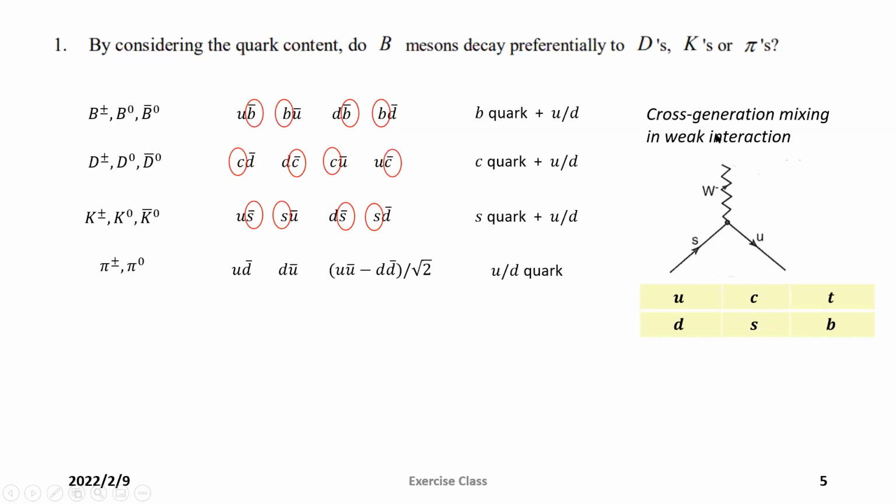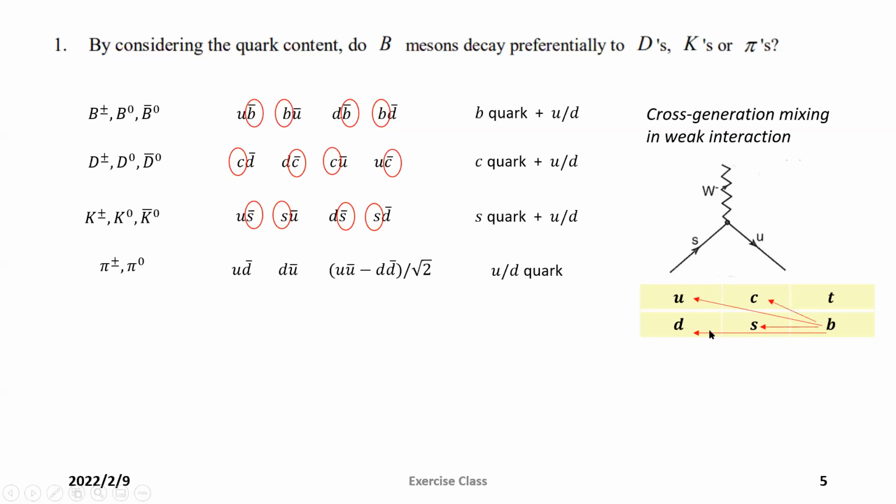But in charged-weak interaction, we can have cross-generation mixing, and so the S quark can transit to a U quark. So there's a transition from the second generation to the first generation. Back to this question, we start from a B quark. So there are 4 possibilities. It can transit to a D quark, S quark, U quark, or C quark.